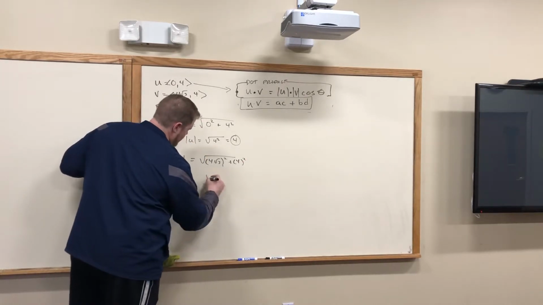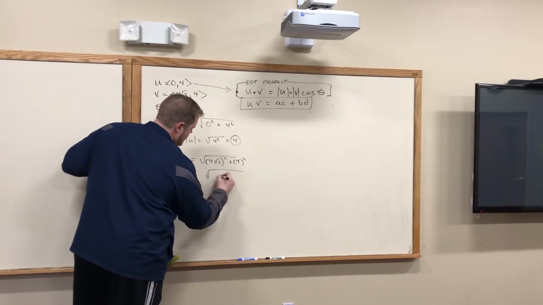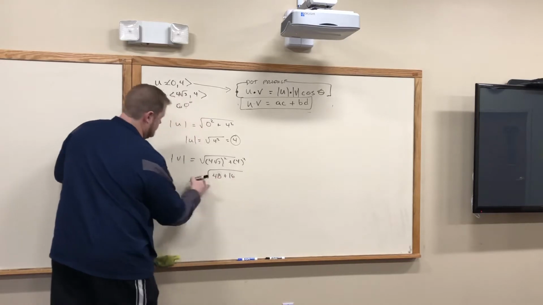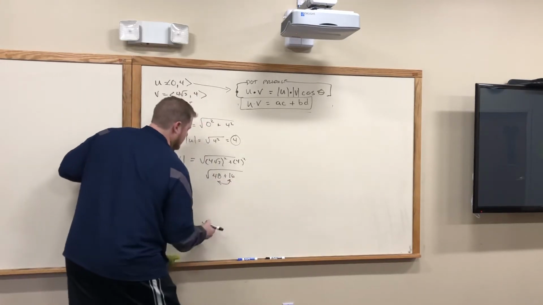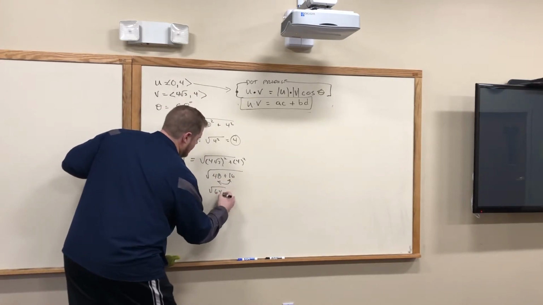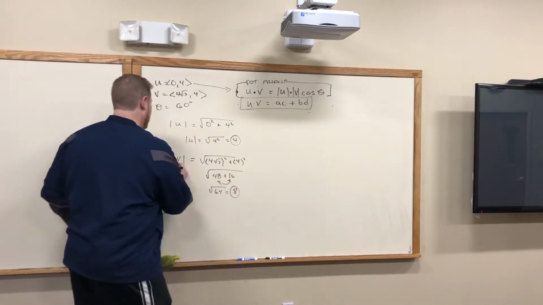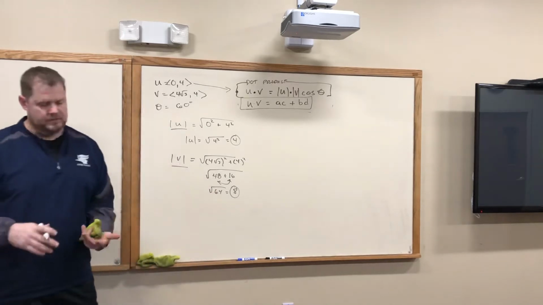So do the work here. It's going to give me 48 plus 16. Add these together and you get the square root of 64. So that's going to equal 8. So our v and our u are whole numbers, which is nice.